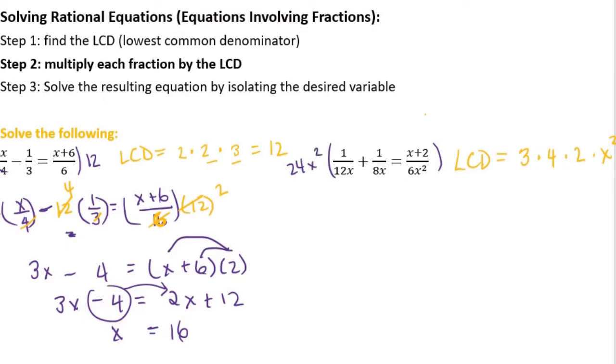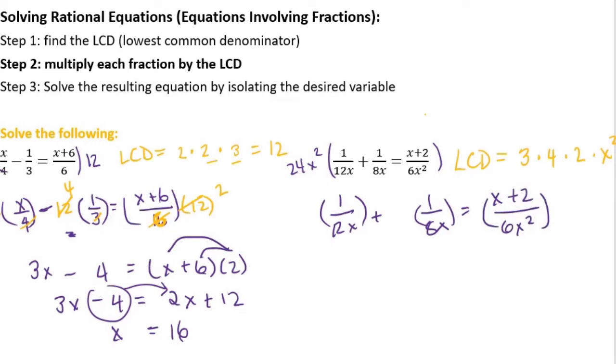And start. So I'll want to take the 1 over 12x as well as the 1 over 8x as well as x plus 2 over 6x squared and multiply them each by 24x squared.